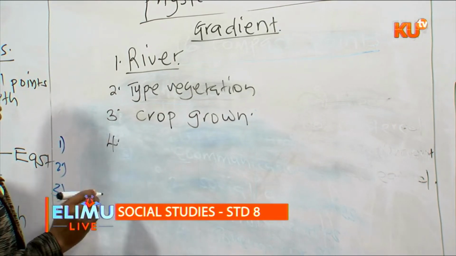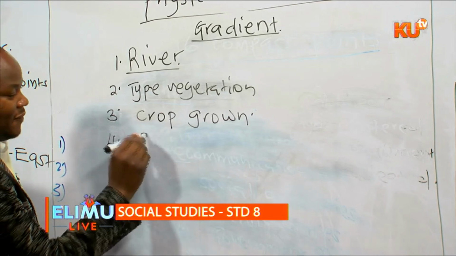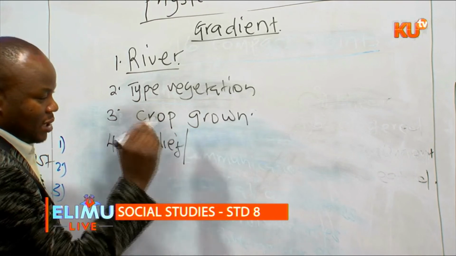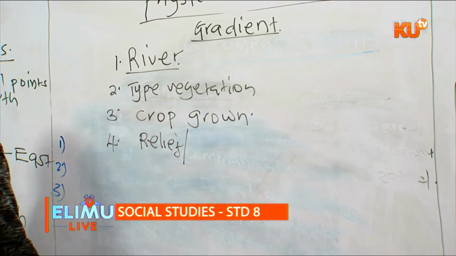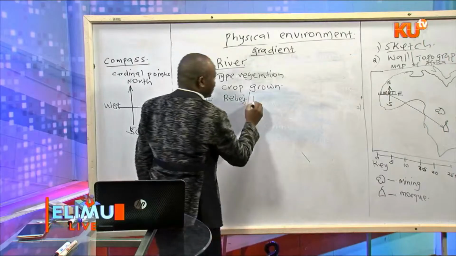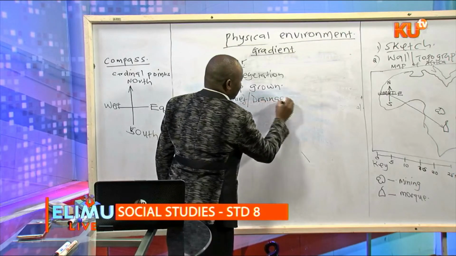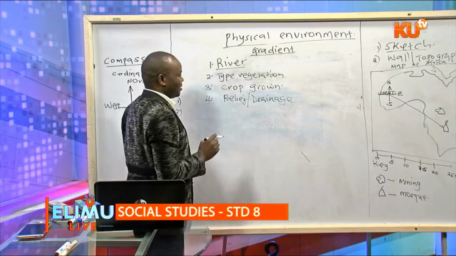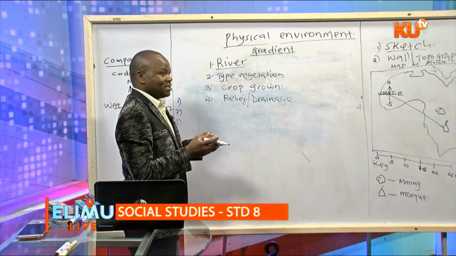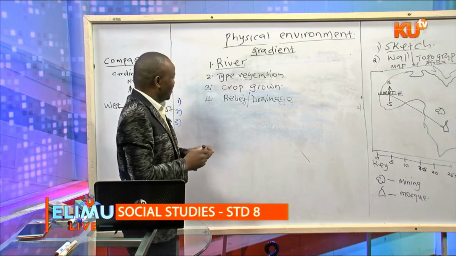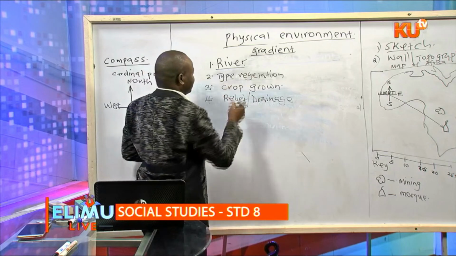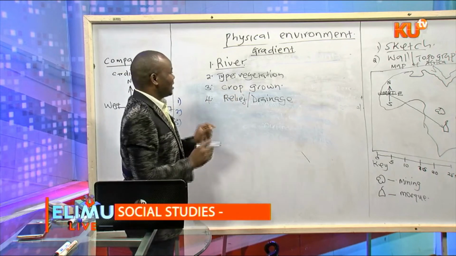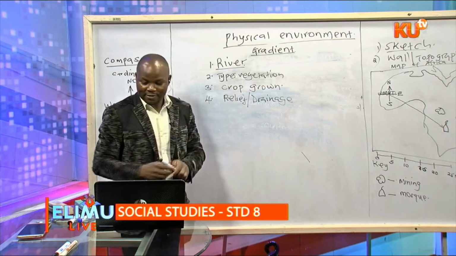And then number four, you can check on the relief features, or as well you can check on the drainage features, other drainage features, relief or drainage features. And one of the drainage features is a river, which should stand out to give you the best. Now, types of vegetation, the crop grown, relief. Now let me discuss one by one.